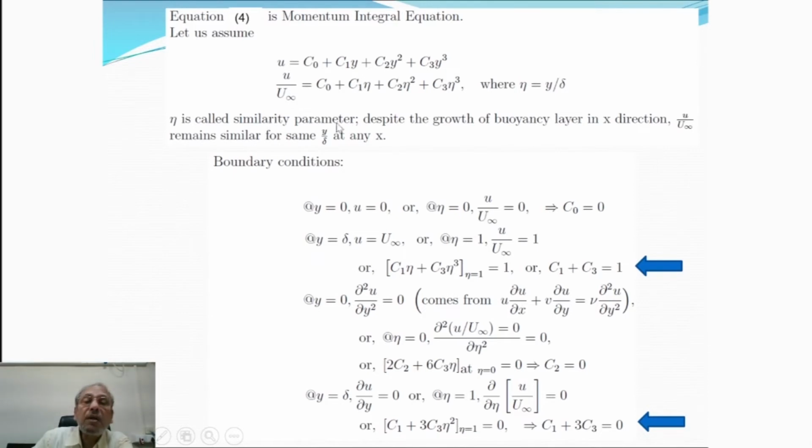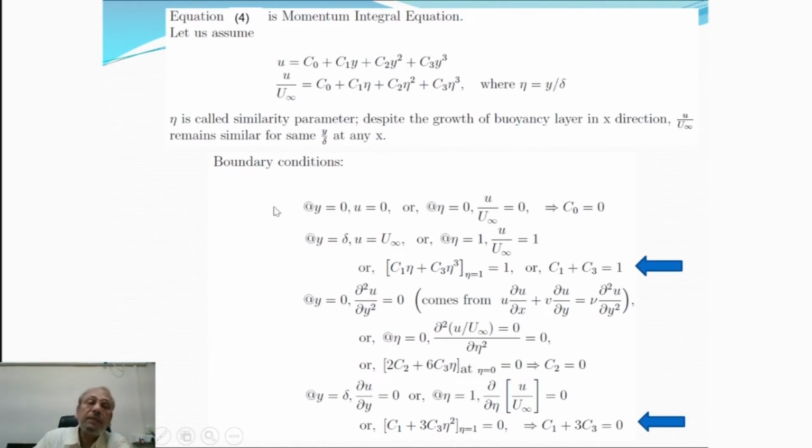Eta is called the similarity parameter. Despite the growth of the boundary layer in x direction, u by U infinity remains similar for the same y by delta at any x. This is the basic philosophy of finding out similarity variables for flow over a flat plate.